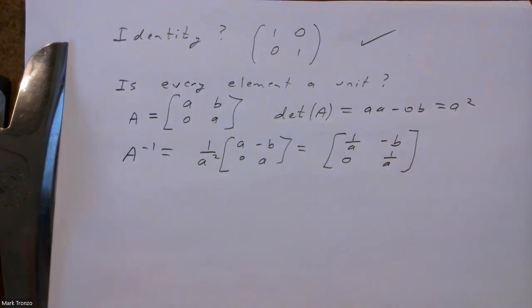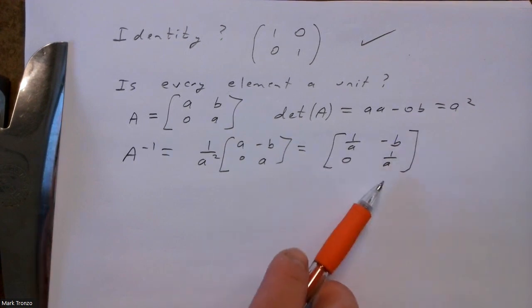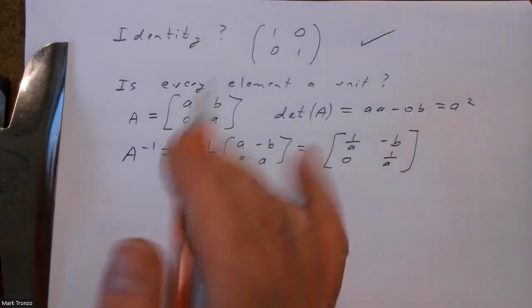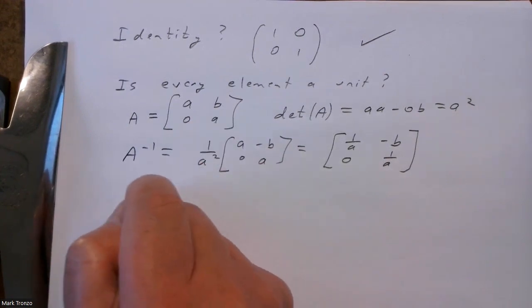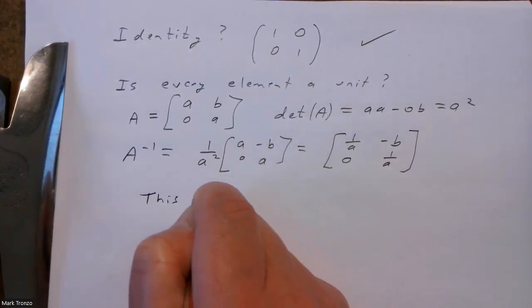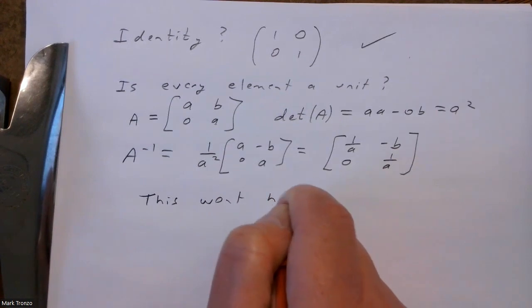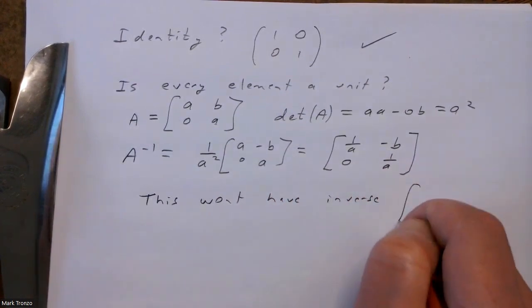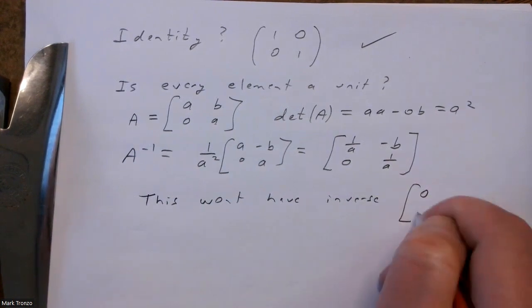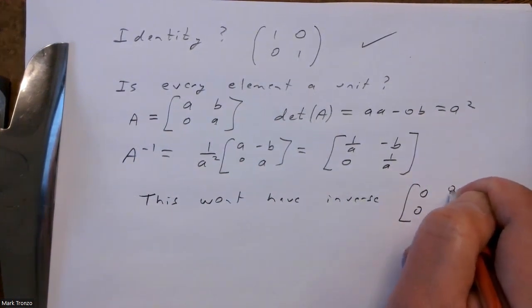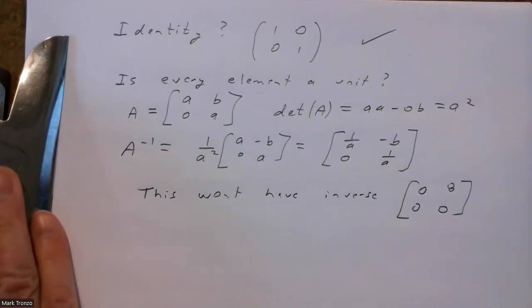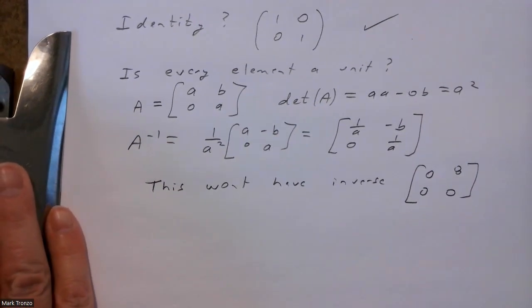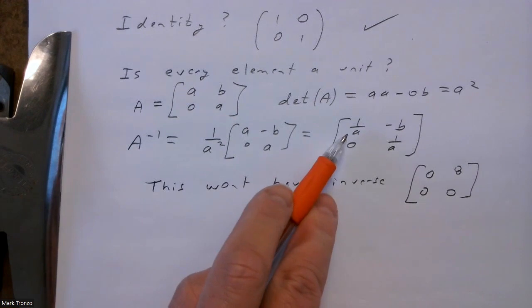Because if we were to do something like this, it looks like that wouldn't have an inverse, because then our a squared would end up being 0.